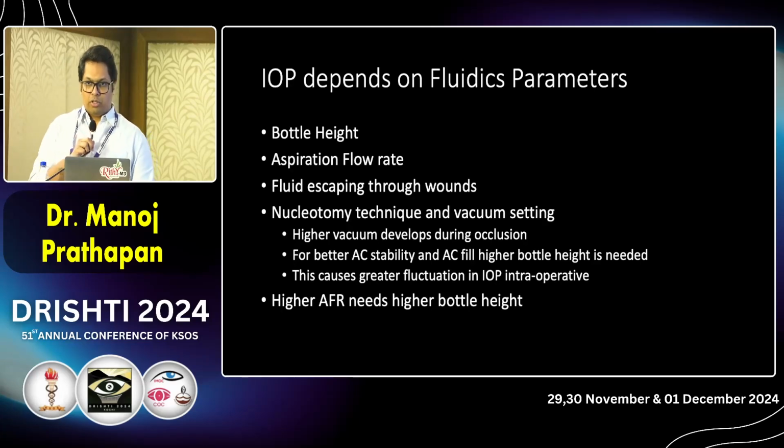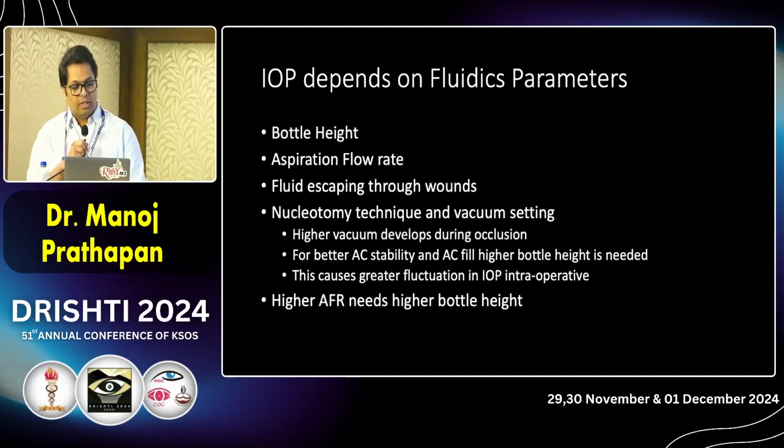The IOP depends on the fluidics parameters: bottle height, aspiration flow rate, fluid escaping through wounds, nucleotomy techniques, and vacuum settings. Higher vacuum develops during occlusion, and for better anterior chamber stability we increase the bottle height, and this will increase the intraocular pressure. And when there is a sudden eating up of the nucleus and there is a loss of chamber pressure, there is a big fluctuation that can happen intraoperatively.